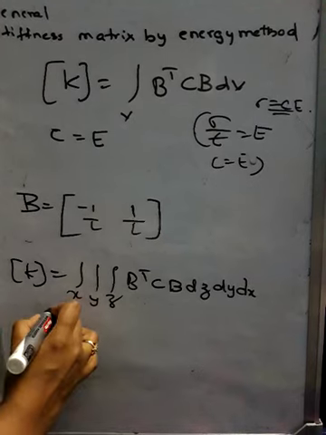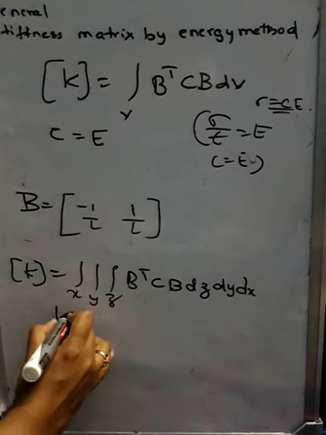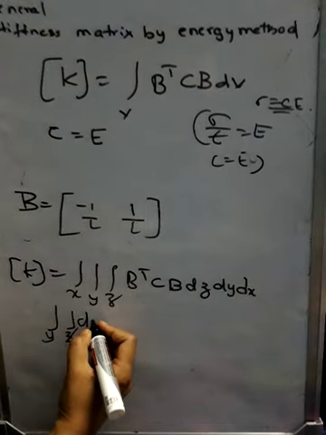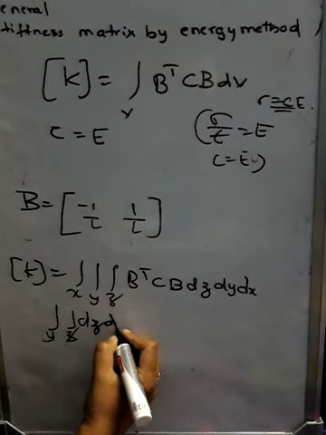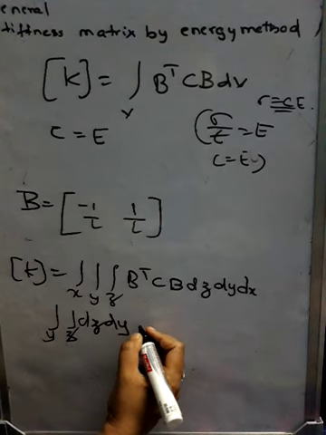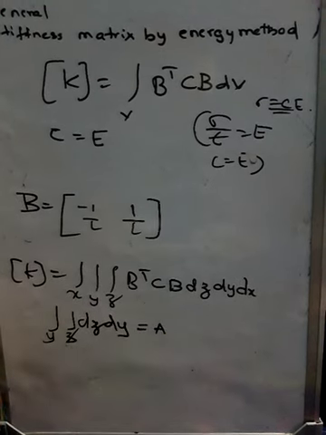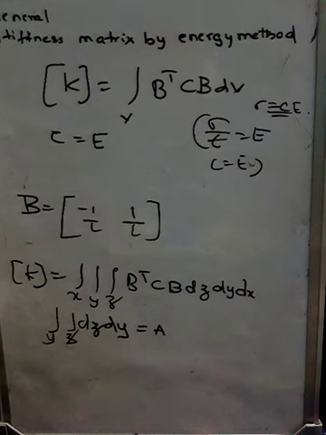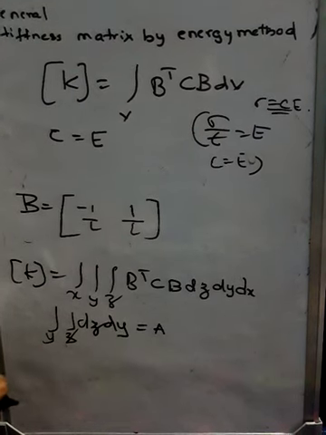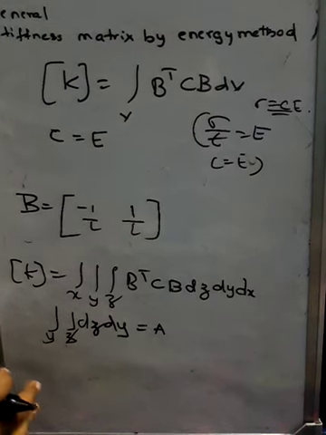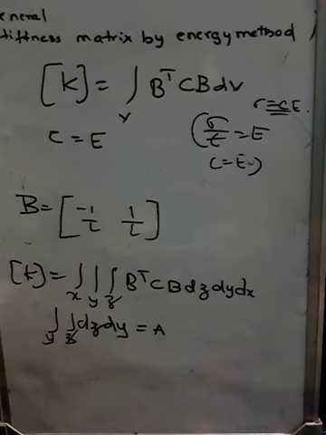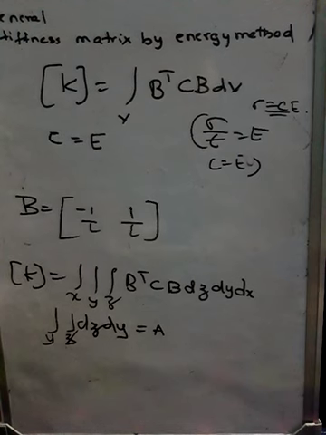Now, since it is a bar element, the integration in the y direction and z direction will be equal to A. The meaning is that the cross section area along the y direction and z direction is not at all changing.